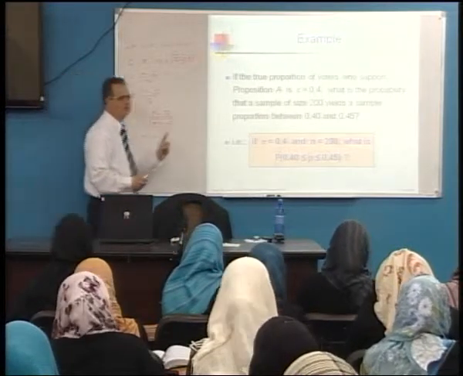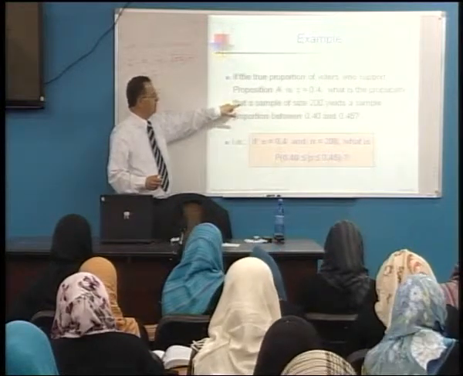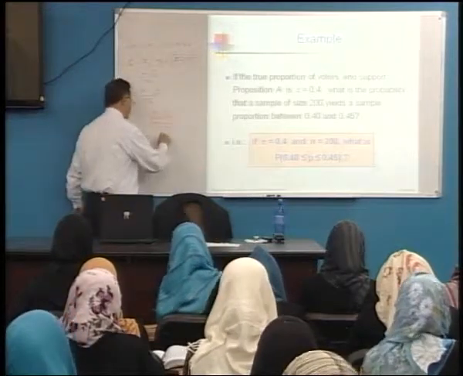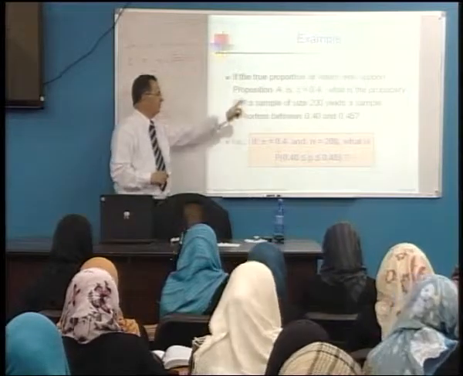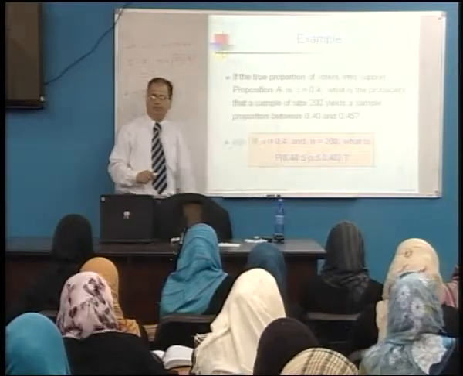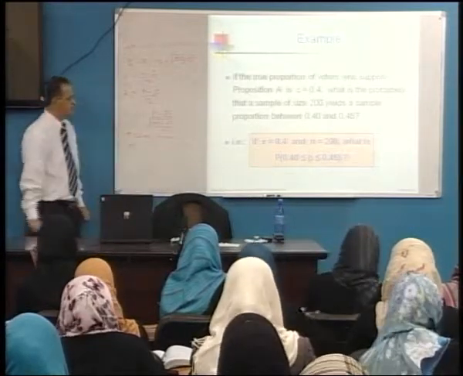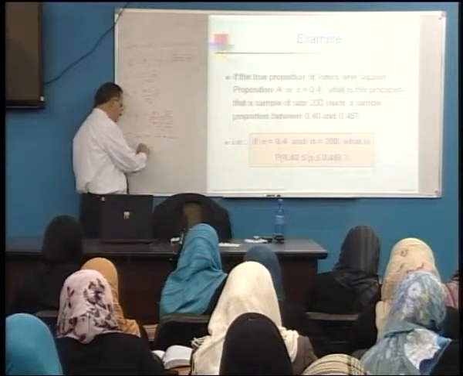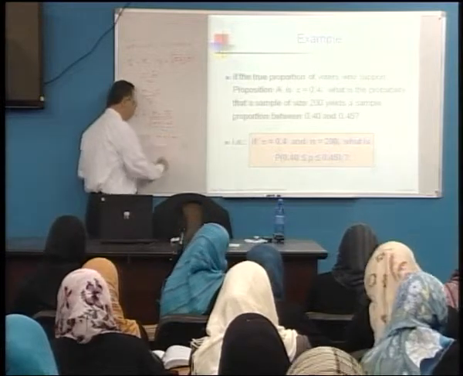The question is, what's the probability that a sample of size 200, so we select a random sample of 200, yields a sample proportion between 40% and 45%? So in this case, we are looking for the probability between 40 and 45%.